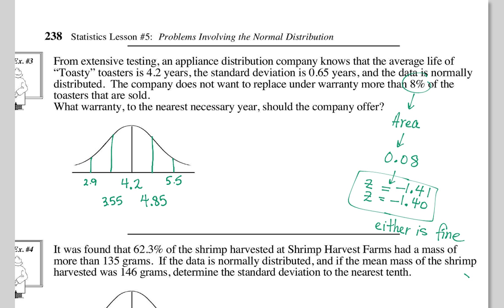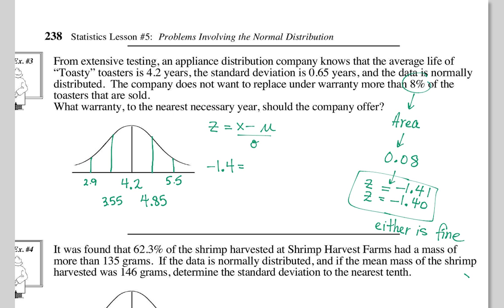So if that's the z-score, how many years would that appliance last if it had that z-score? Okay, so z equals x minus mu over sigma. I know the z-score is negative 1.4.